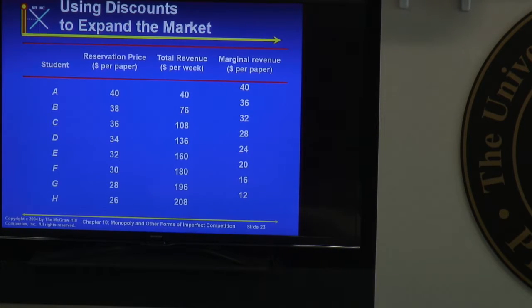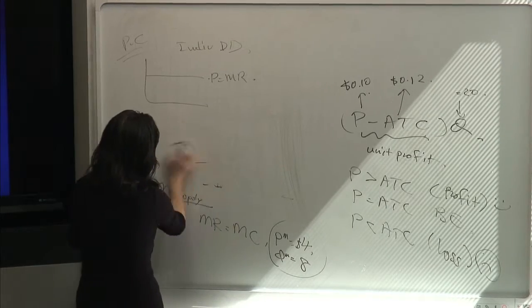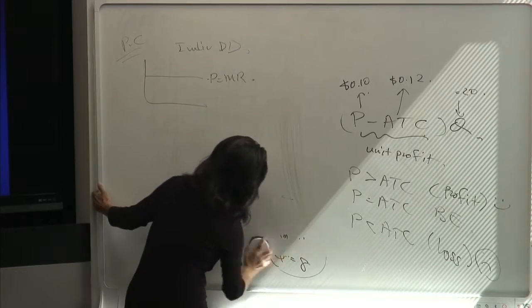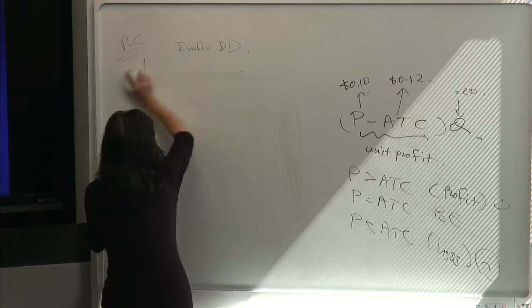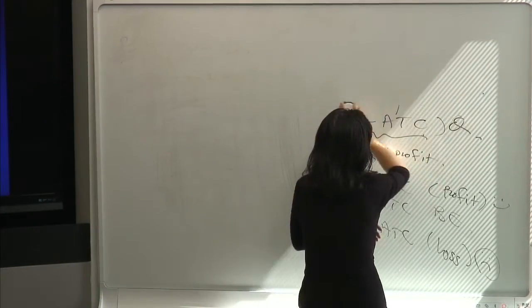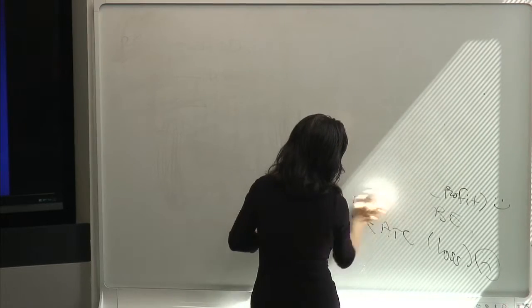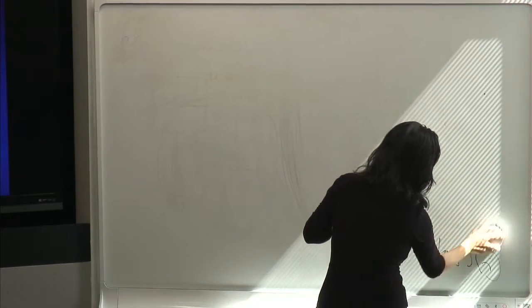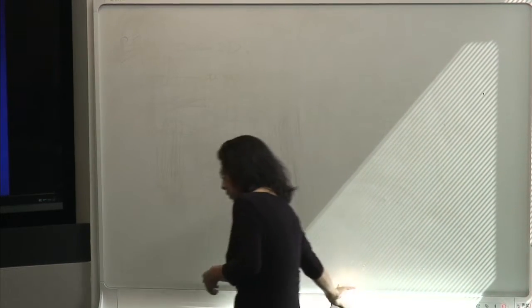So I'm gonna do a summary here to help you. Please write it down. I'm gonna draw a quick table to summarize because we're gonna look at a few cases here. This is the first case. And I want you to pay attention to how much profit they get in each case, and what quantity they're charging in each case.